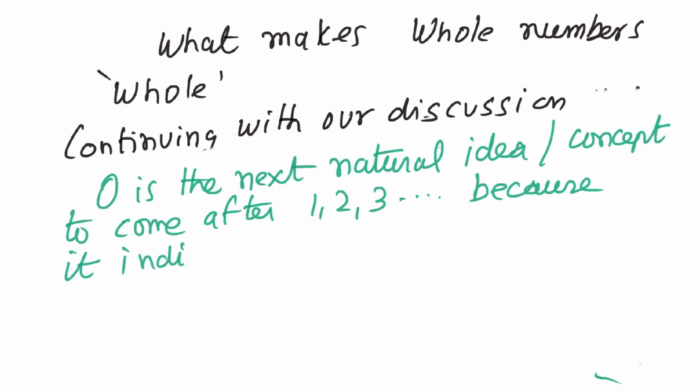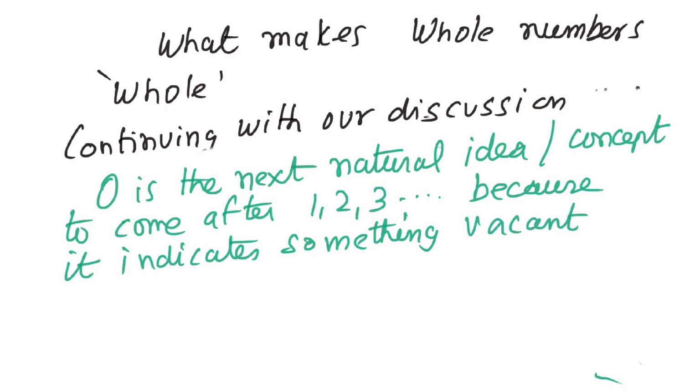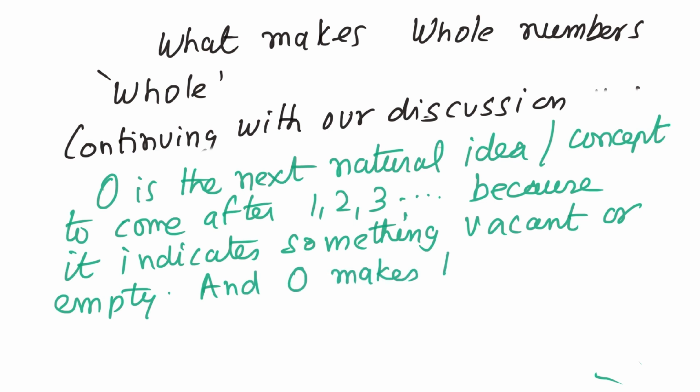Basically because 0 indicates that there's nothing to represent. 0 indicates that the counting numbers which were denoting distinct objects are now looking at no presence of any distinct object. So 0 is a fantastic discovery. The symbol 0 represents emptiness or nothing to count.